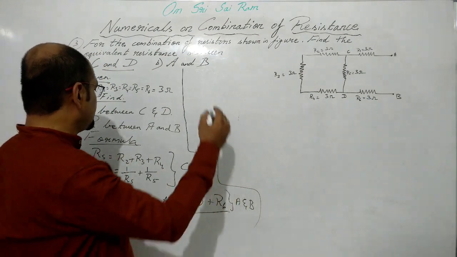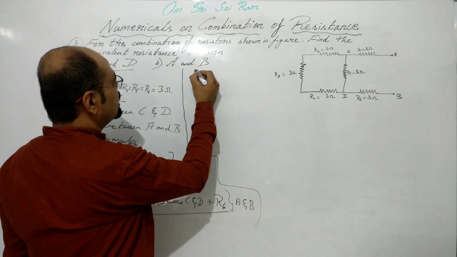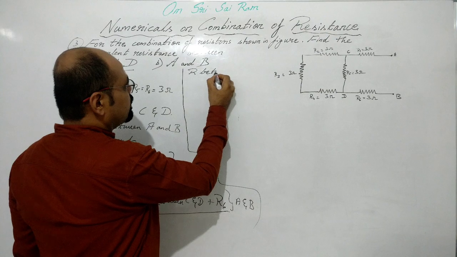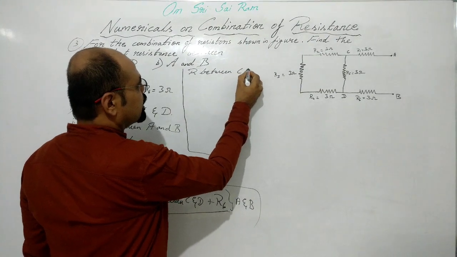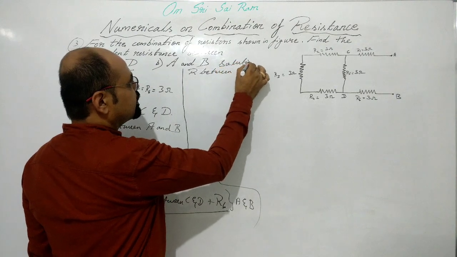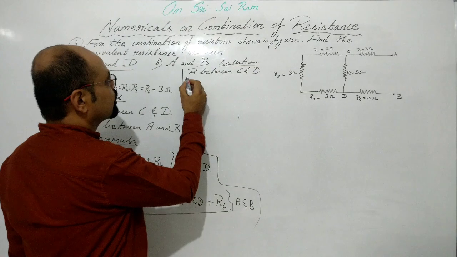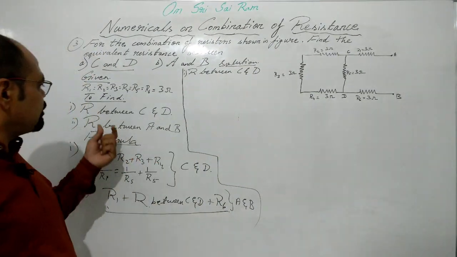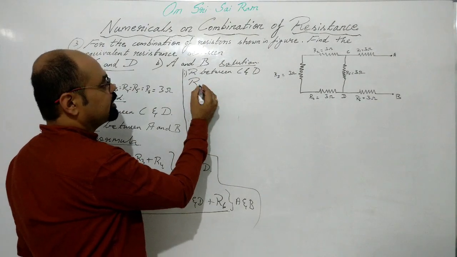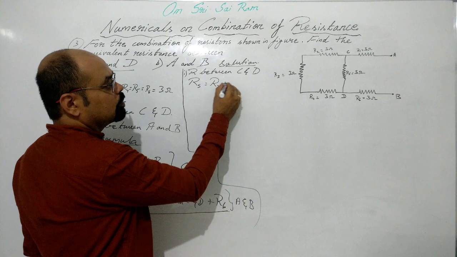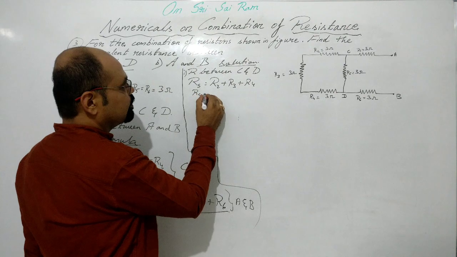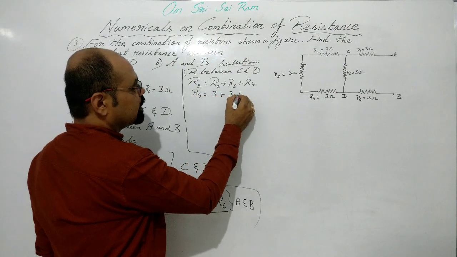First one, let's take resistance between C and D to calculate. Solution for R between C and D. First one, so we have the formula Rs equals R2 plus R3 plus R4. Rs equals 3 plus 3 plus 3.